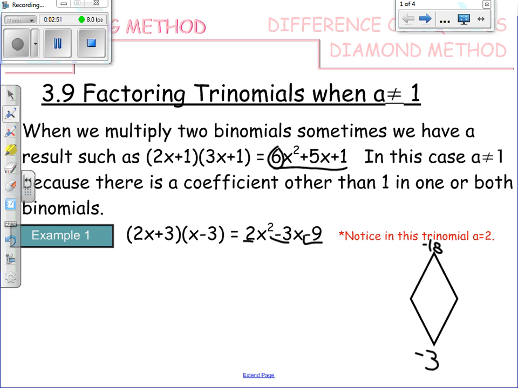Yeah, you're close. -6 and 3, because we want to add to be -3, right? So -6 plus 3 would give you -3. It can't be the other way around. If you went -3 and +6 and you added those together, you'd get +3. So that's the difference. So -6 and +3.